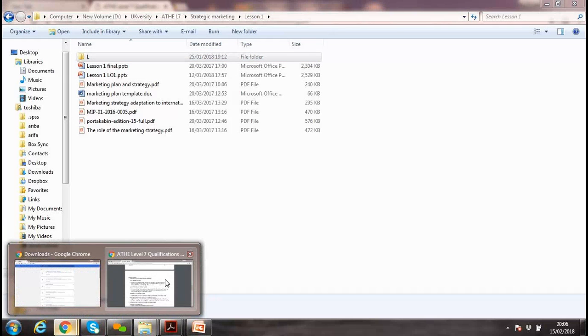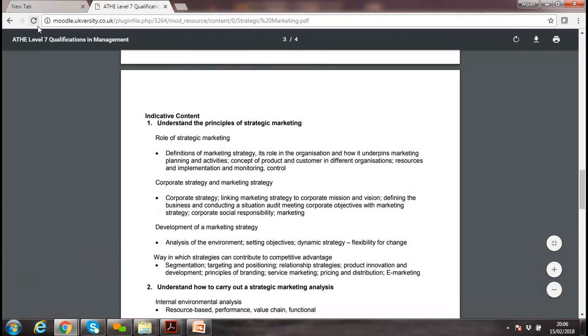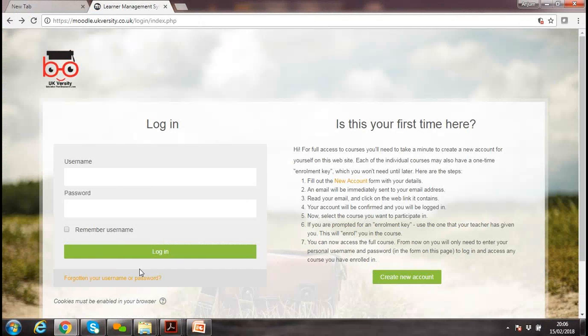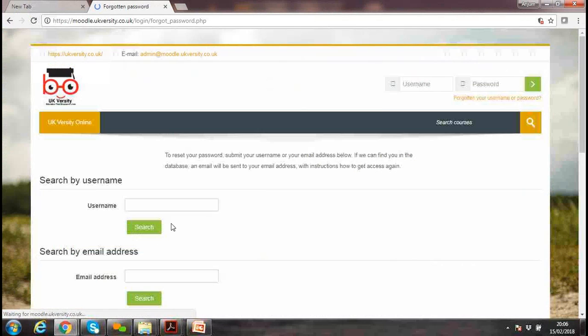The assignment brief shows how many tasks there are, what you have to do, and within that we are addressing all of these. I don't know why my system logged me out.